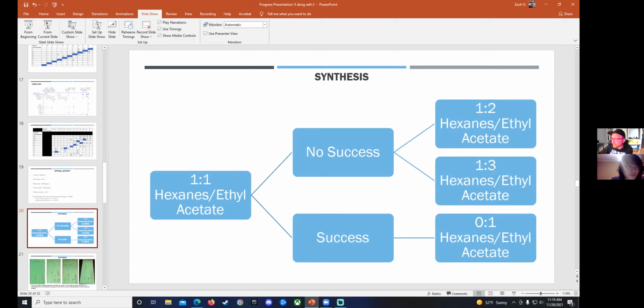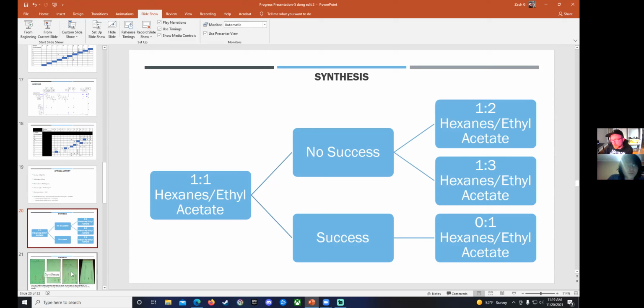We noticed that the separation was getting better as our ratio of ethyl acetate increased. So we decided, what the heck, let's give it a try. We tried a 0 to 1, so no hexanes whatsoever. It was just pure ethyl acetate.